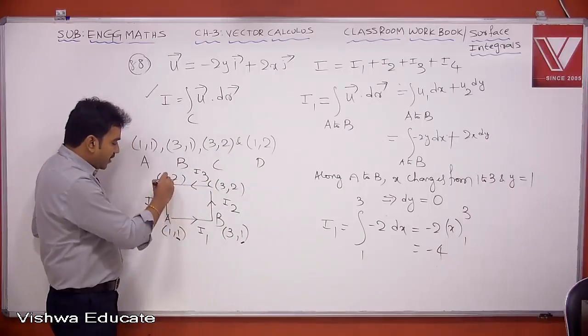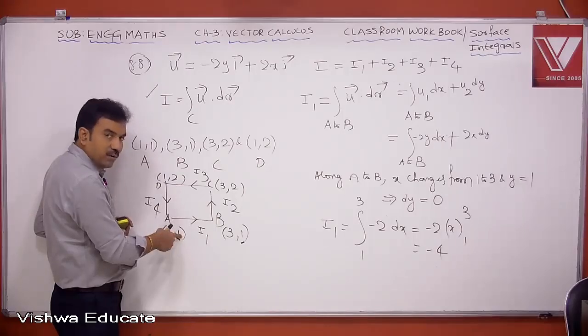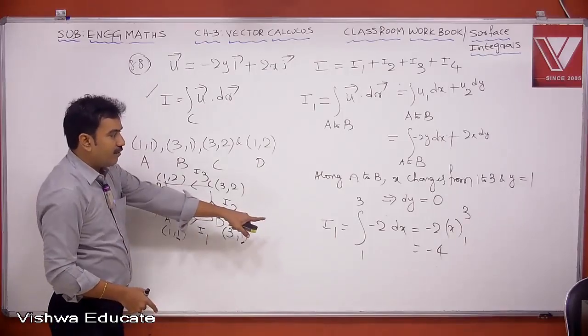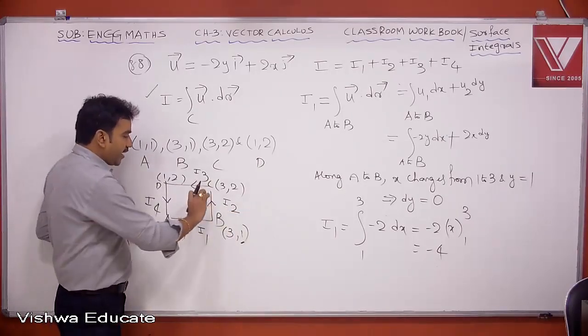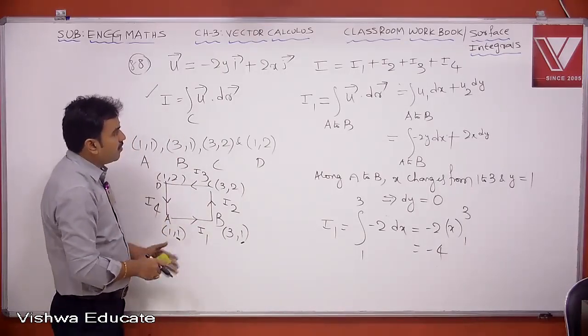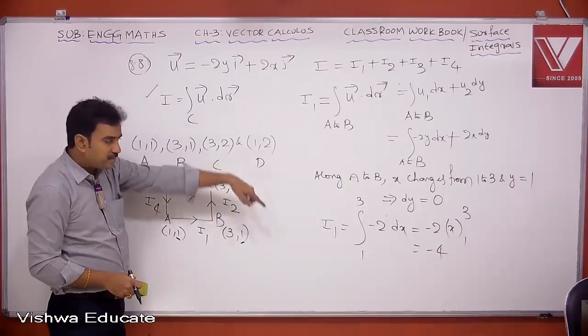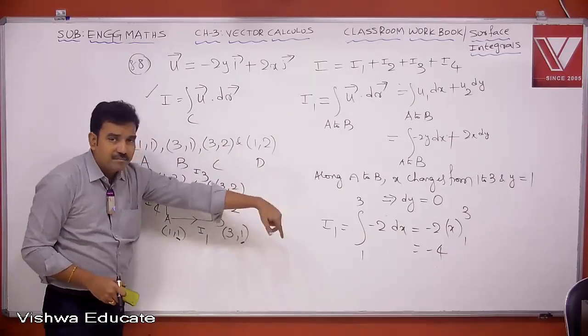From D to A, x value is 1, fixed, so y value is ranging from 2 to 1. In the similar way, I can easily find I2, I3, I4, and my final line integral will be the sum of all these line integrals. Got this point? So first work out I1.